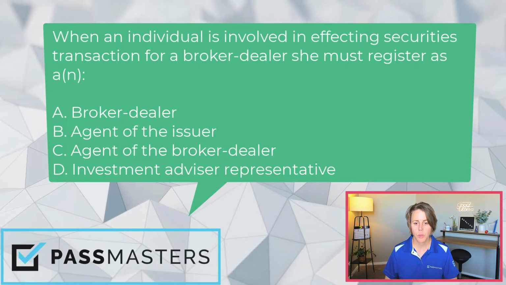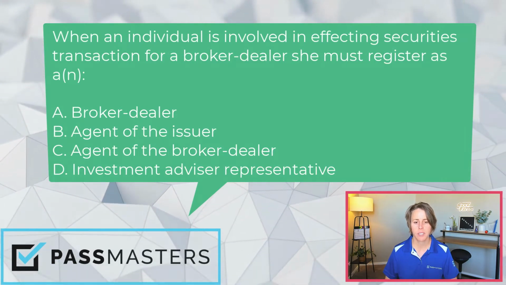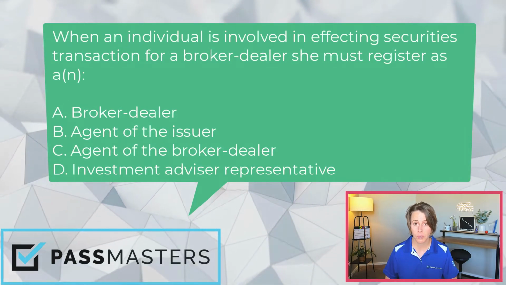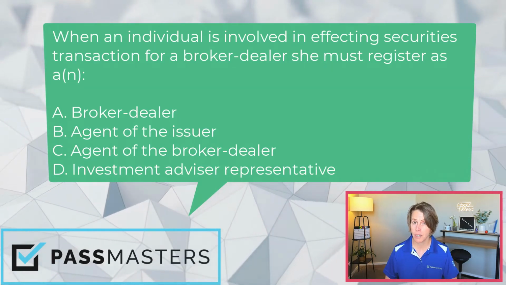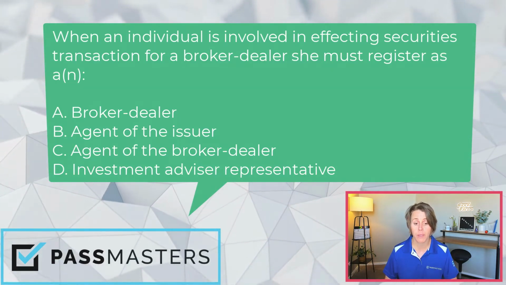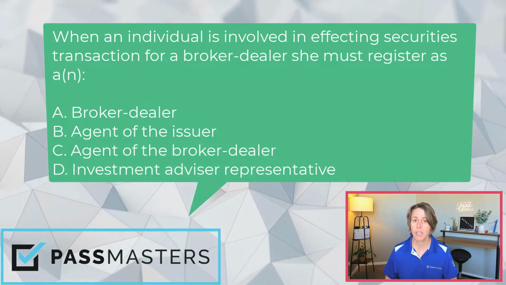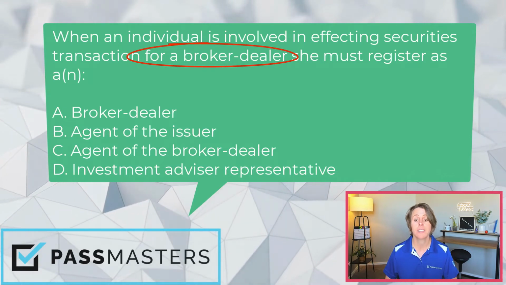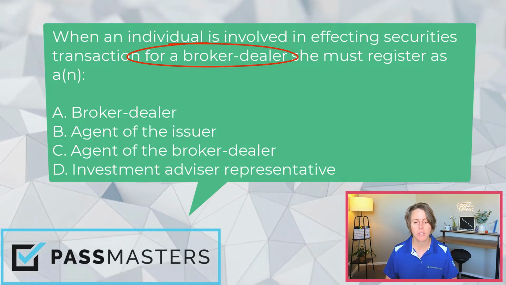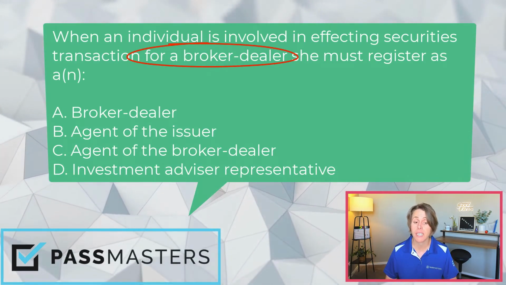When an individual is involved in effecting securities transactions for a broker-dealer, she must register as a broker-dealer. No, that's the firm level. Agent of the issuer. No, it says right in the question, is involved in effecting transactions for a broker-dealer.